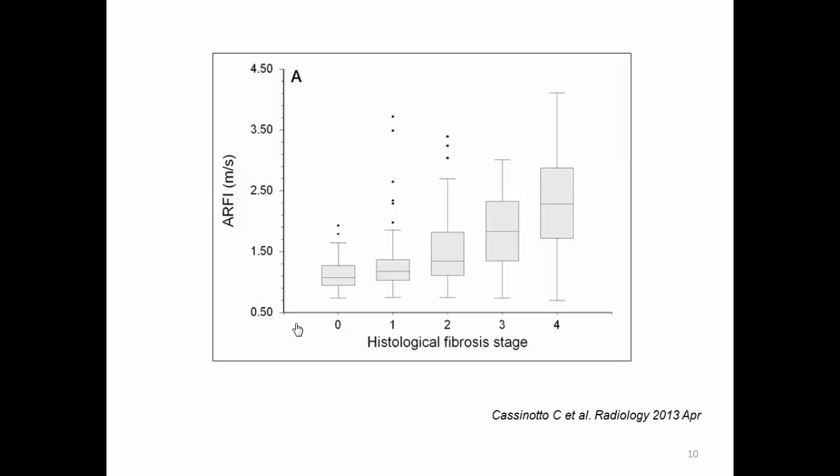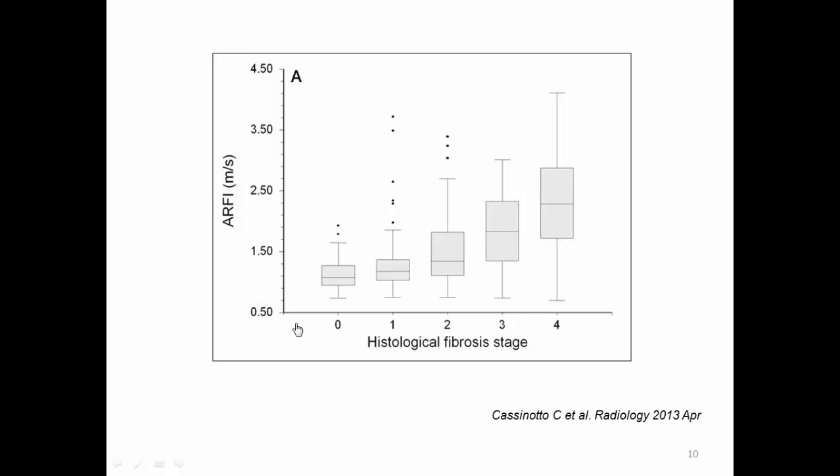Let's take ARFI as an example. Cassinotto has performed ARFI measurement in healthy livers and those with different degrees of liver fibrosis. Fibrosis stage 4 is identical to liver cirrhosis, and stages 1, 2, 3 mean mild, moderate to severe degrees of liver fibrosis.